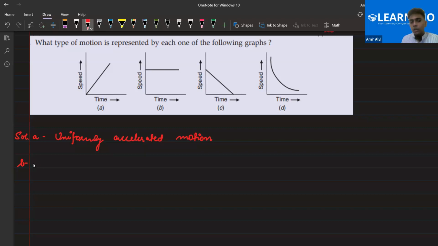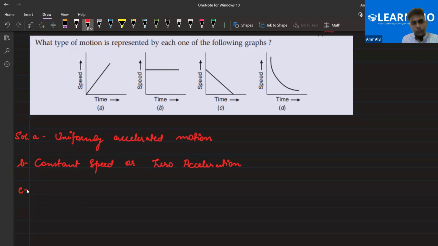So this is a uniform motion, or you can say constant motion. Constant speed or zero acceleration. Clear, Farhan and Sarah? Yes, sir.